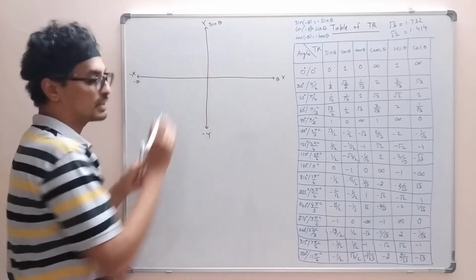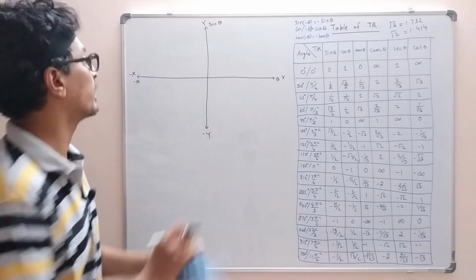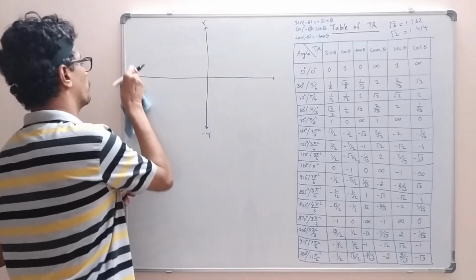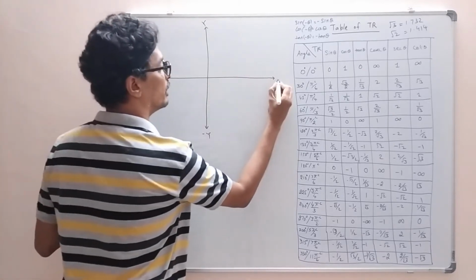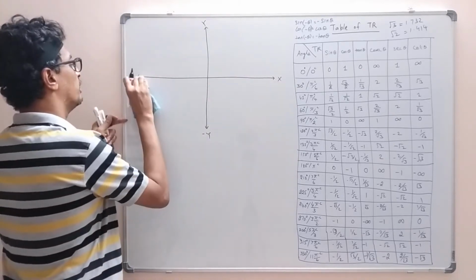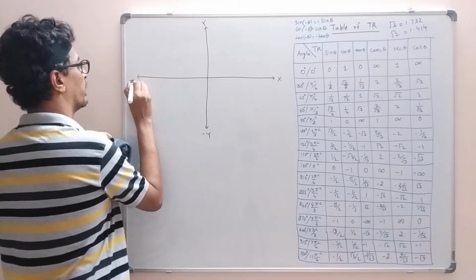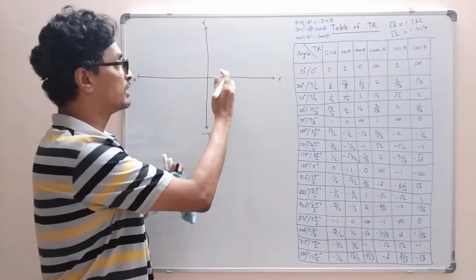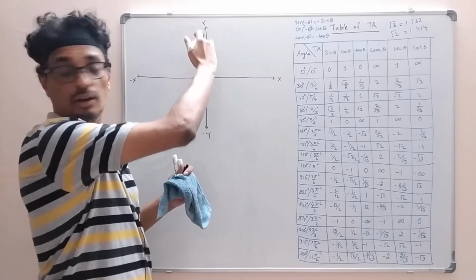I am going to plot sine theta on this graph. Let me write it x only, so it's a bit less confusing. Let me write x and minus x. So in x I am going to plot theta and I will see what is going to be my value of sine theta.